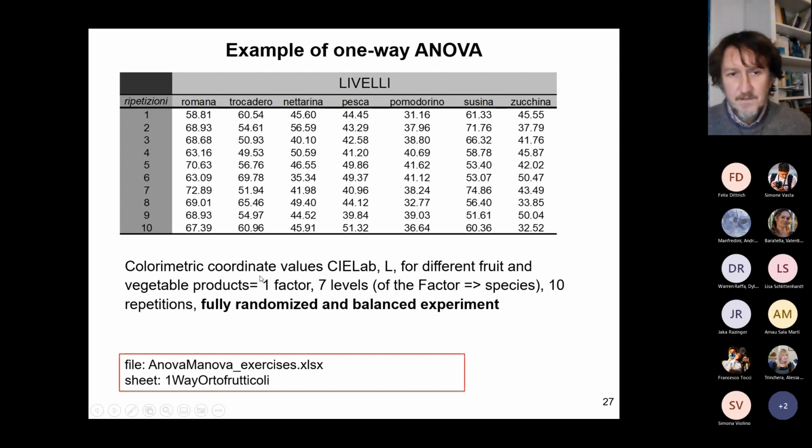Now, maybe for the first and the last time in your life, we will go deep into the procedure of an ANOVA.